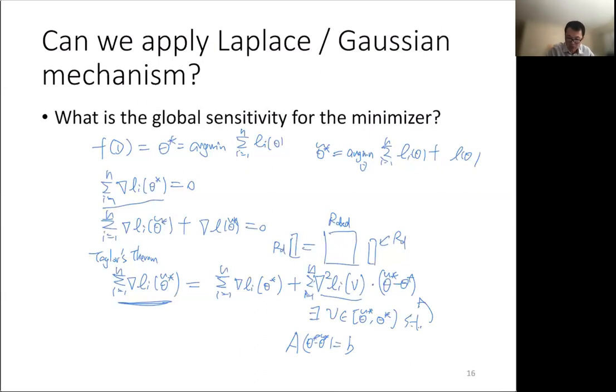It is possible to construct examples within the convex empirical risk minimization problem such that this A has an eigenvalue arbitrarily close to 0. So when we invert this A to the other side, the difference between theta star and theta star tilde can get arbitrarily large, right? Therefore the global sensitivity is not really bounded by any fixed constant.